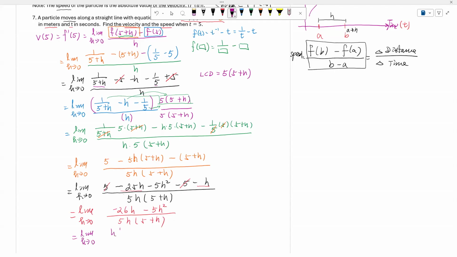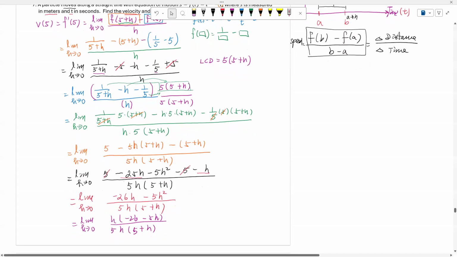So we could take out the h. And now h and h cancel. Then by direct substitution, we will get negative 26 divided by 5 times 5, which is 25.